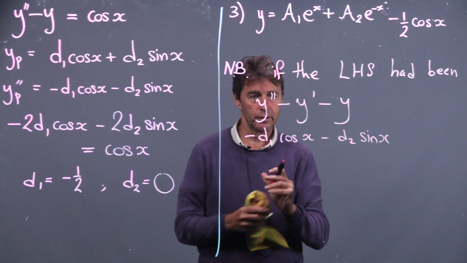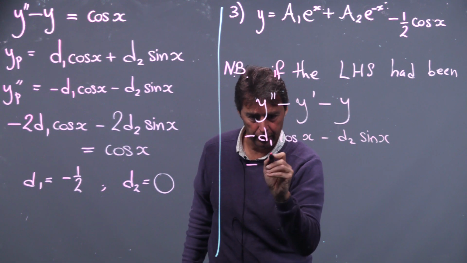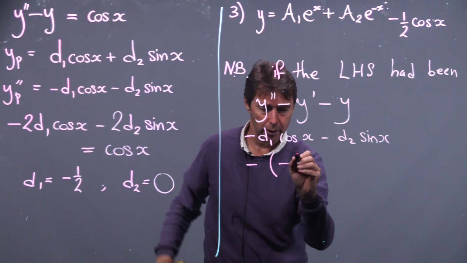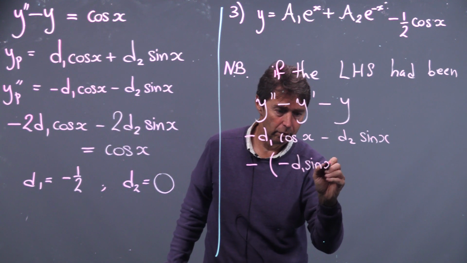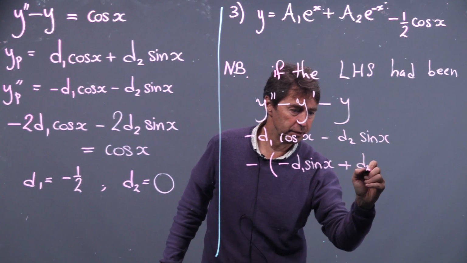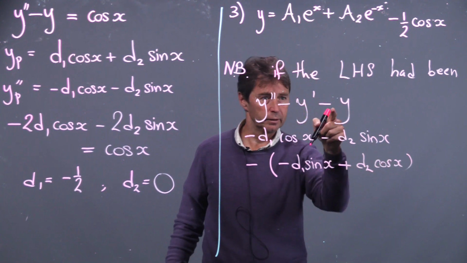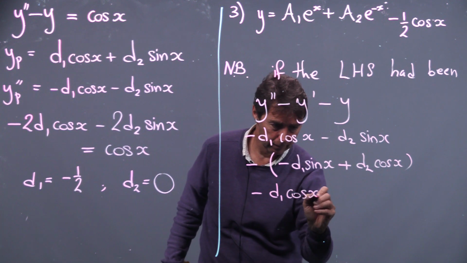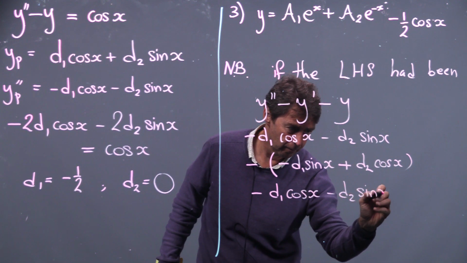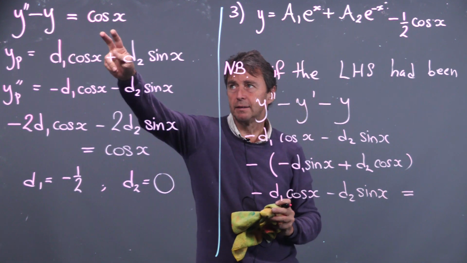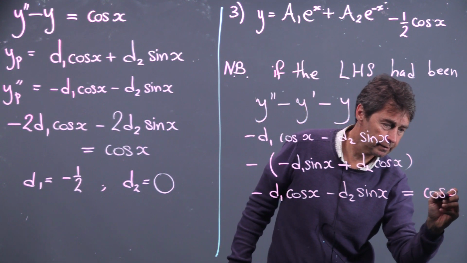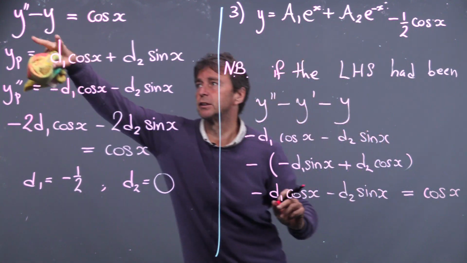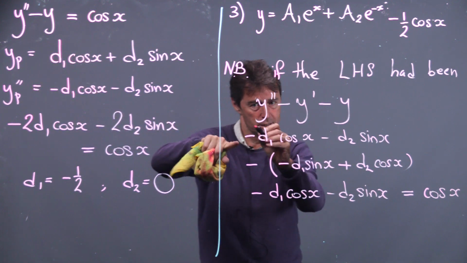The first derivative would have been minus, and the first derivative of this thing would be minus d1 sine plus d2 cosine. And then I've got the original thing there. And then let's say we still had that right-hand side, so I've got to get cosine from all of this. If I change this equation so that I have an extra term in there, this is what I would have got.